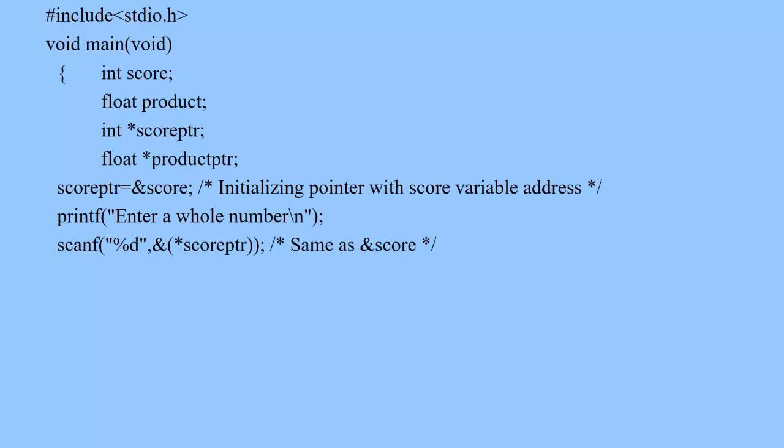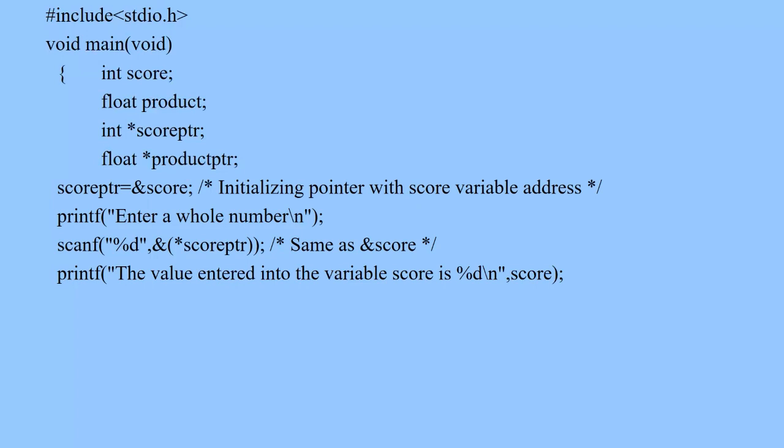So once the value is entered, the processor will check the address in the pointer called score pointer, then go to that address and store the value which has been entered there. So if we display the message, the value entered into the variable score is score, this will automatically give us the value that has been indirectly stored in the variable called score.